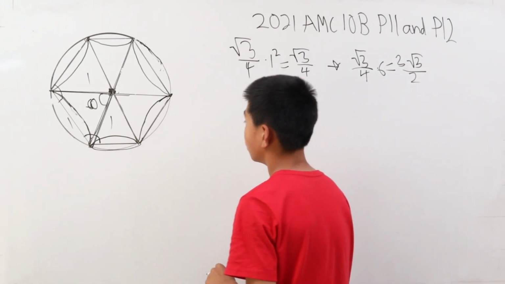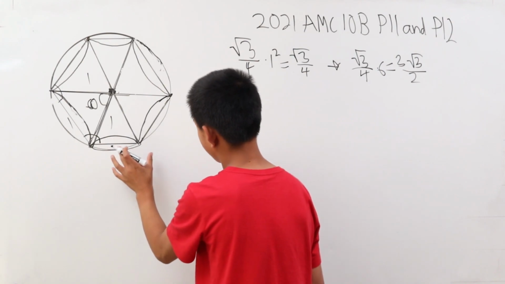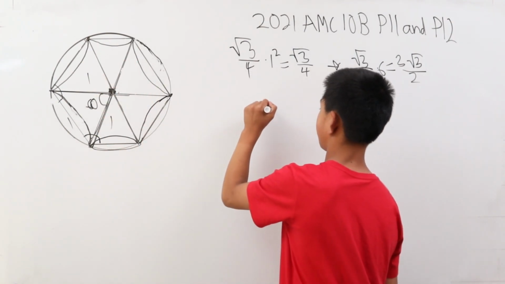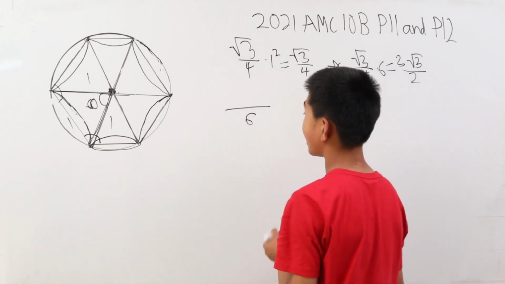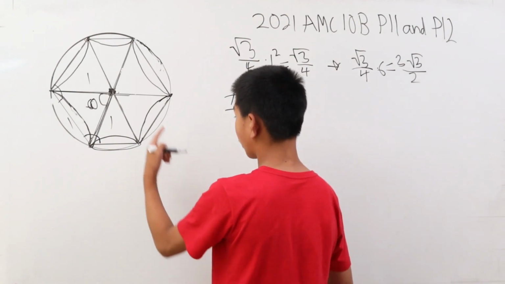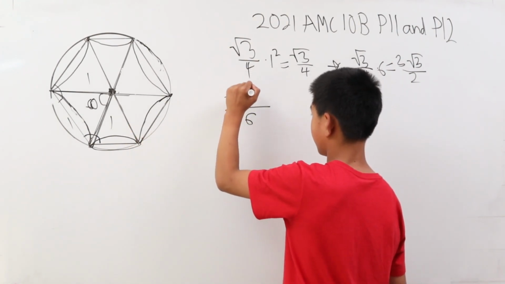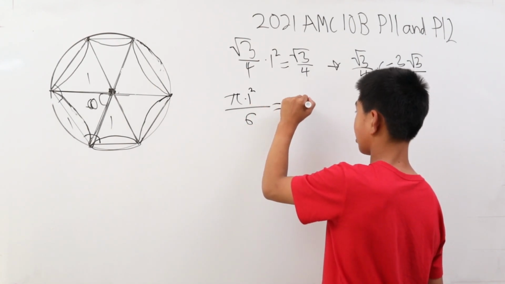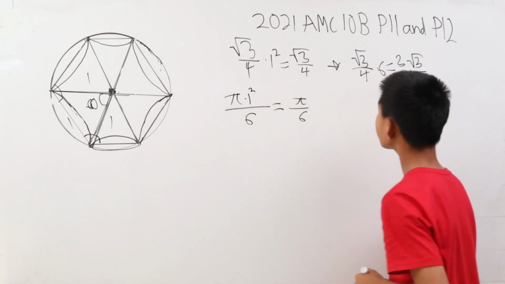This pie right here is 1/6 of the total circle, so it'll be something over 6. The total area is pi times the radius squared. The radius is 1, so this is just times 1 squared. The area is pi over 6.